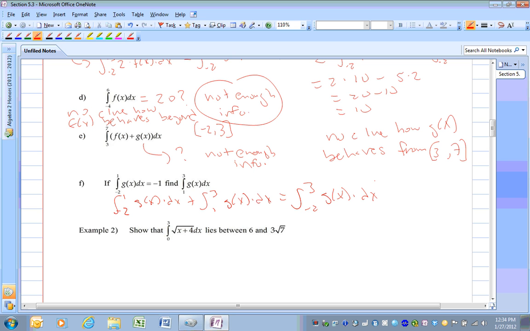So essentially, it becomes this: -1 plus the integral of 1 to 3 has to equal 2. Because we already know what the right one is. That was given to us earlier in the problem. The first one on the left side, we're told that is -1, the integral from -2 to 1. The right side we know is 2.